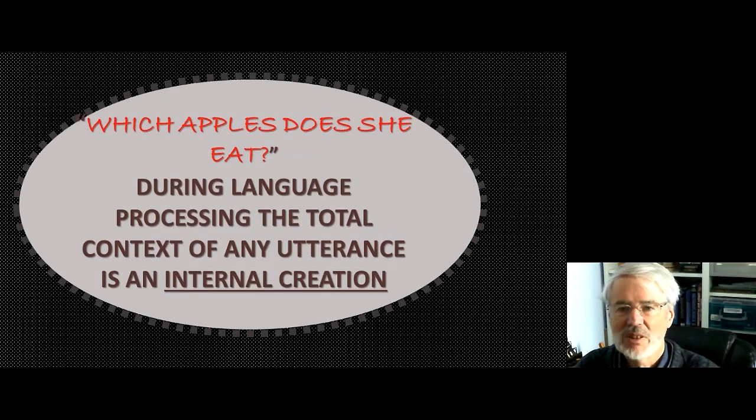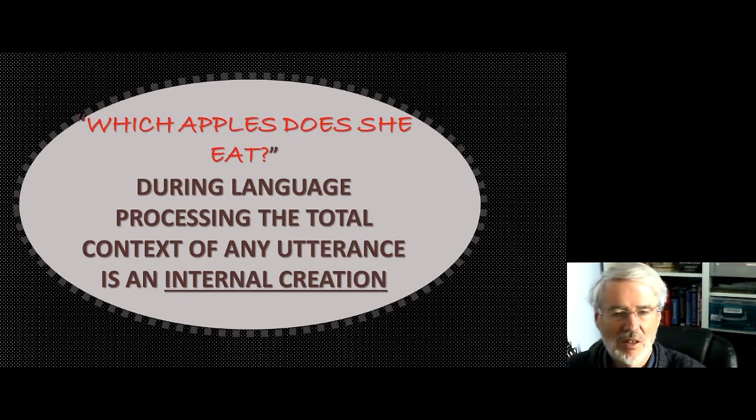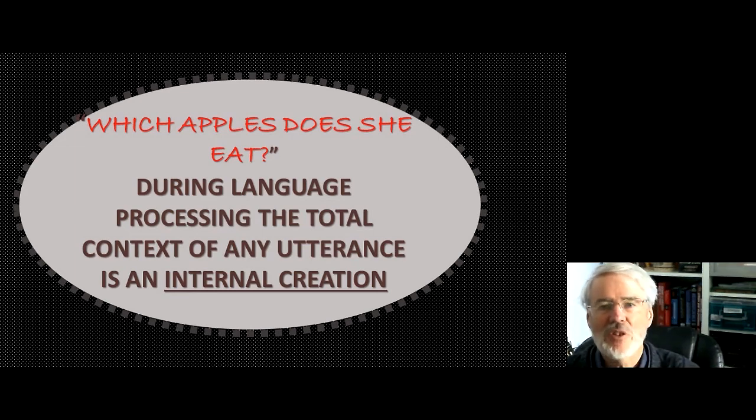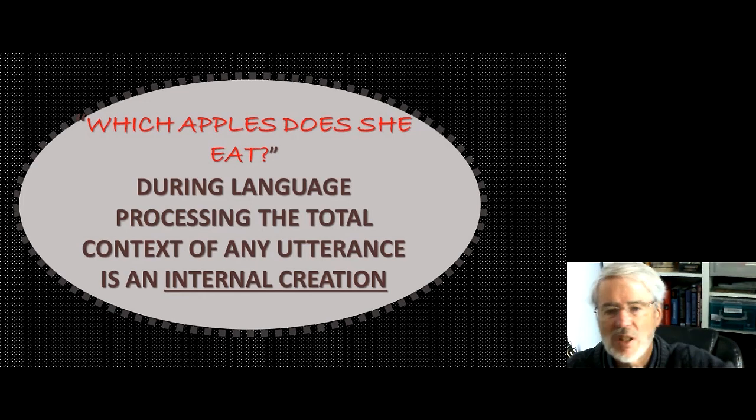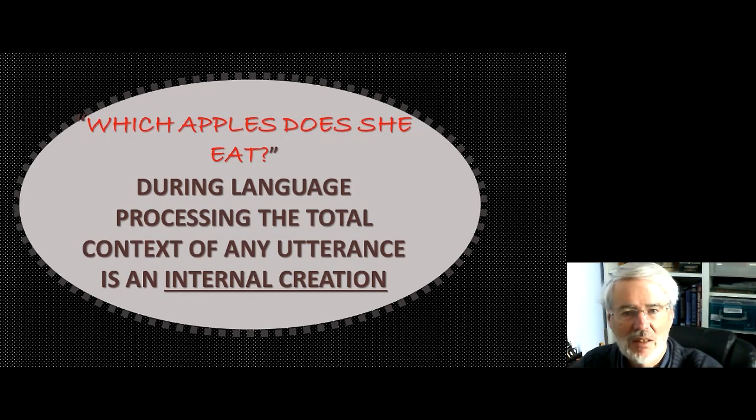So someone says, which apples does she eat? To make sense of that, you have to know the context. And you might say, well, the context consists of the apples that exist in the outside world. I can see a couple over there. And eating, certainly, I see people eating. I know what eating is. It's all out there. But now we know that it's all actually in your head.